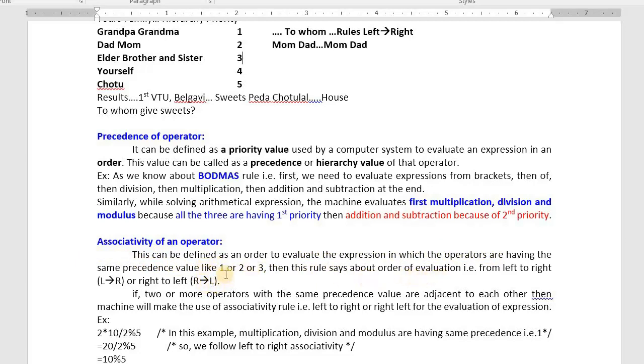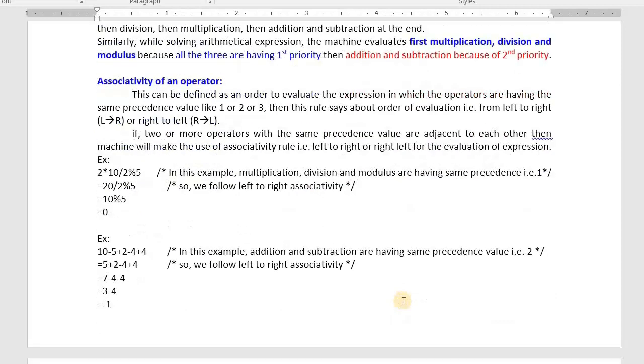If 2 or more operators are having the same precedence value and they are adjacent to each other, then the machine will make use of the associativity rule. That's all. And give examples after writing the answer for what is precedence and what is associativity. Don't forget to give examples.